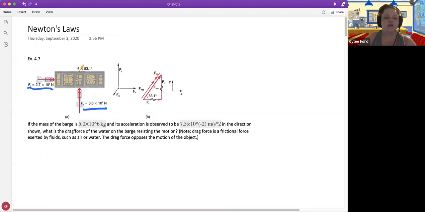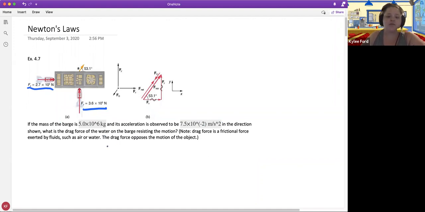The problem also states that the mass of the barge is 5.0 times 10 to the 6 kilograms, with an acceleration to be observed of 7.5 times 10 to the negative 2 meters per second squared in the direction shown, and that is here. And we want to determine the drag force of the water on the barge that's resisting the motion.